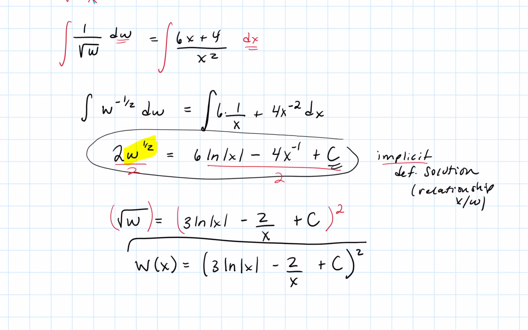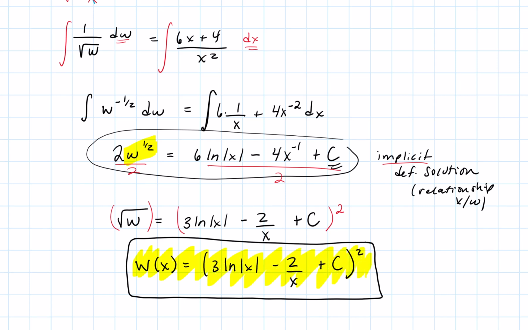And now, because we were able to, we have expressed this as an explicit function of x. So that shows you the two different types of forms, and here w is an explicit function of x.